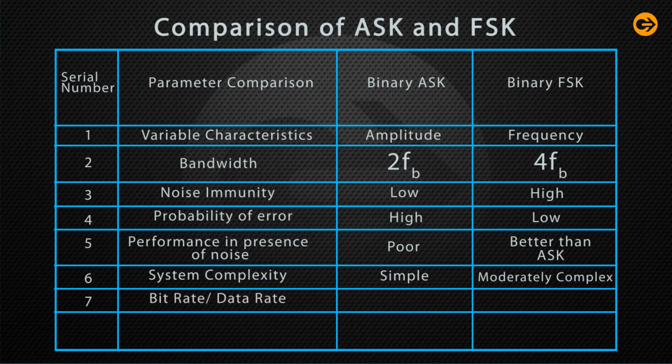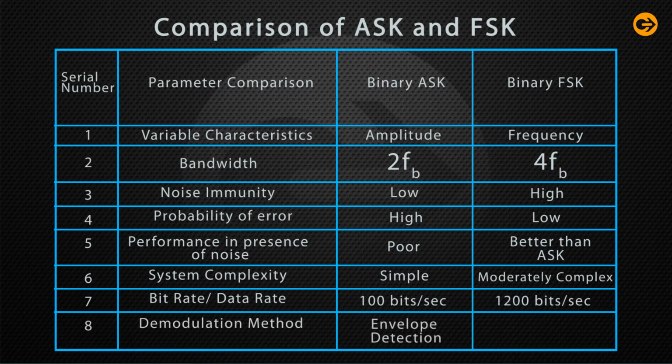The bit rate in case of the ASK is 100 bits per second, but in case of the BFSK, it is 1200 bits per second, which is very high compared to ASK. What is the demodulation method in case of the ASK? It is envelope detection. This is also true in case of the binary FSK, that means envelope detection is used in case of the binary FSK.